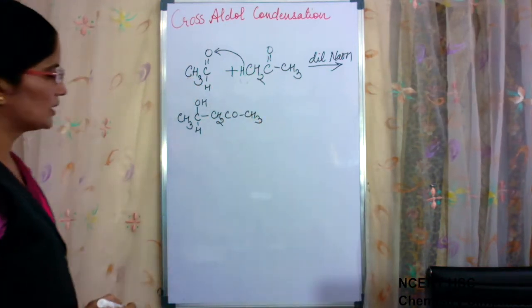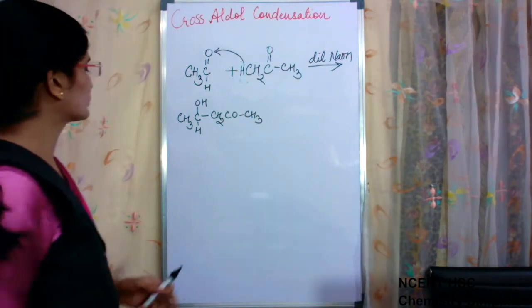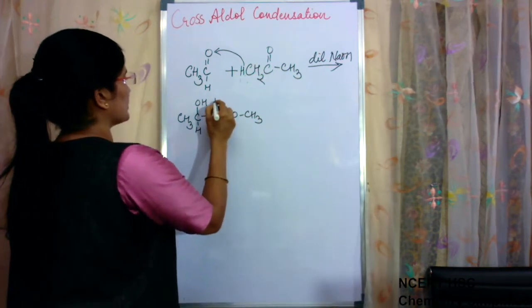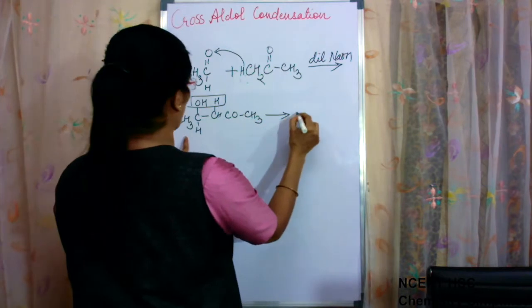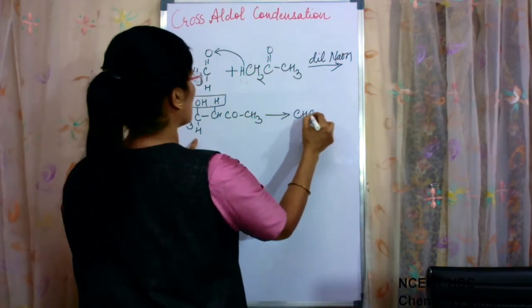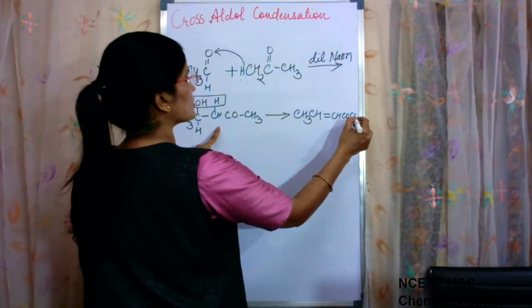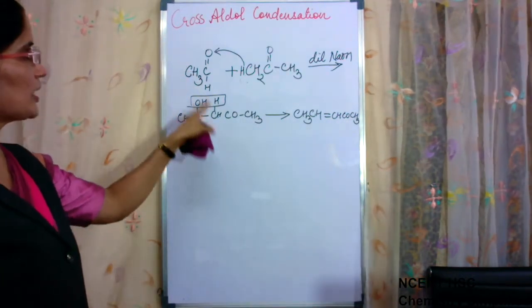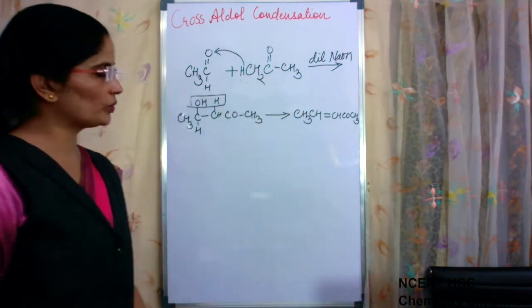This is the intermediate aldol, in which this CH2 can be written as CHH, which loses a water molecule to form the product CH3 CH double bond CH COCH3. This is one product which can be obtained by using two different types of molecules.